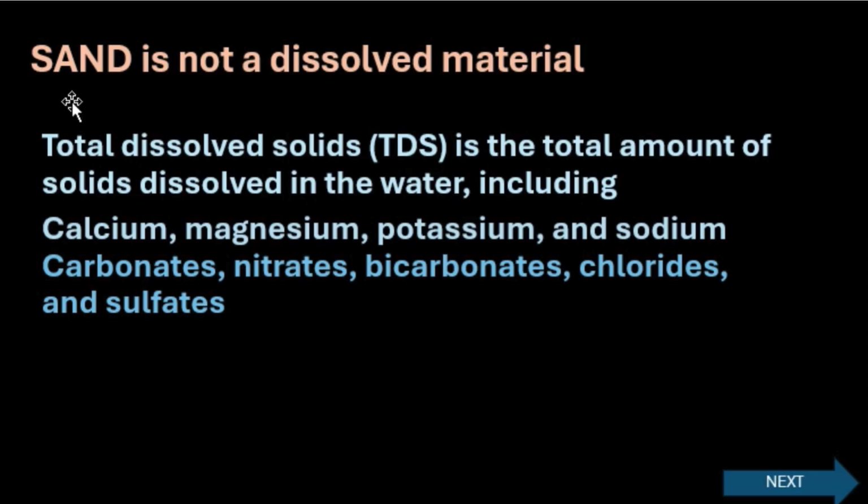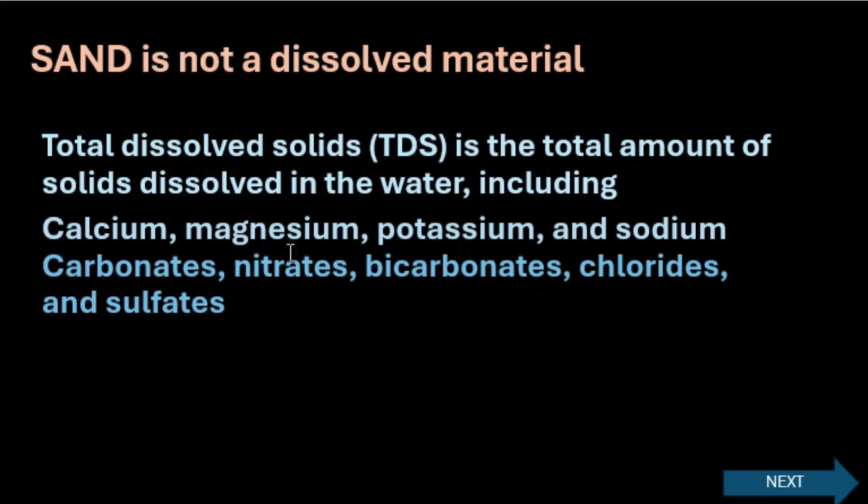The other method is to see what the solvents are, which is called TDS, total dissolved solids in water. This will include calcium, magnesium, potassium, sodium. These all are the positive ions. Then carbonate, nitrate, bicarbonates, chlorides and sulfates. So these all are the TDS, total dissolved content.